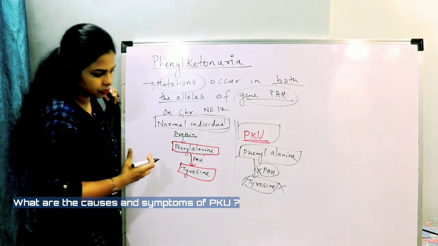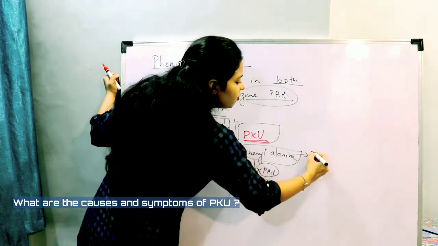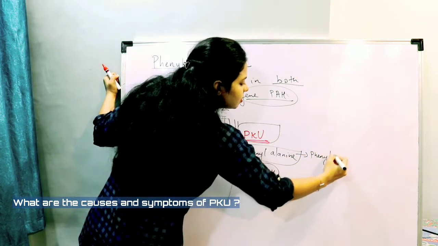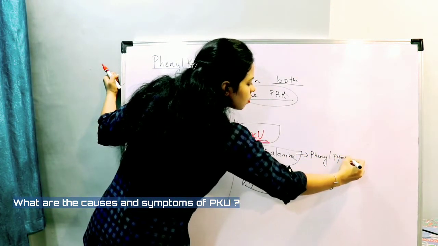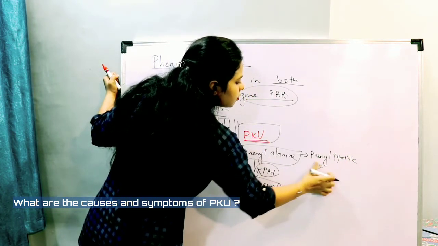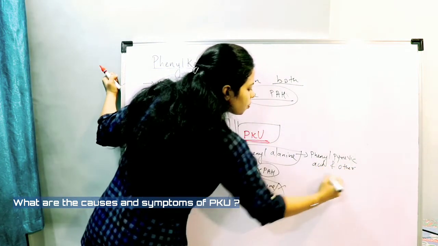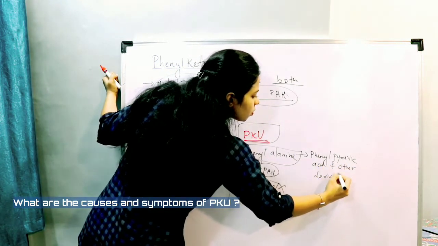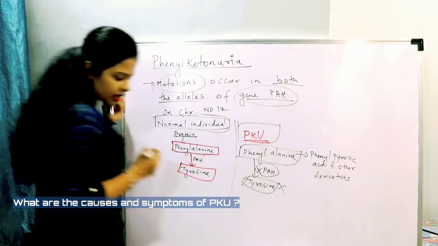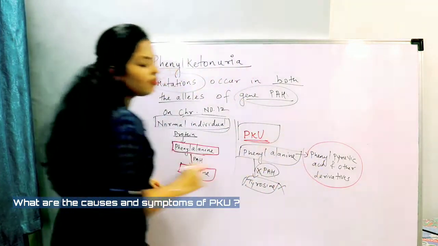Now what happens? This phenylalanine is converted into phenylpyruvic acid and other derivatives. Is it clear? Now all these derivatives are formed.